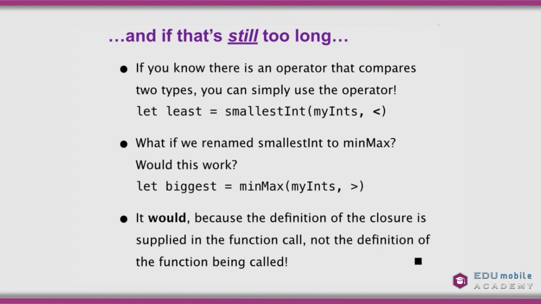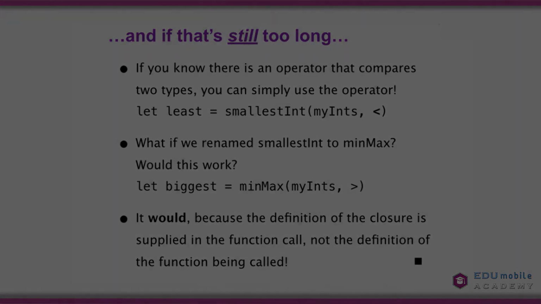And this is the beauty and the awesome power of closures. When we define a function that accepts a closure, we are not defining the behavior of the closure. We only define the behavior of the closure when we send the closure to the function. And that is great, because now we can send anything we want to that function and make it behave in a multitude of ways. Thank you very much.